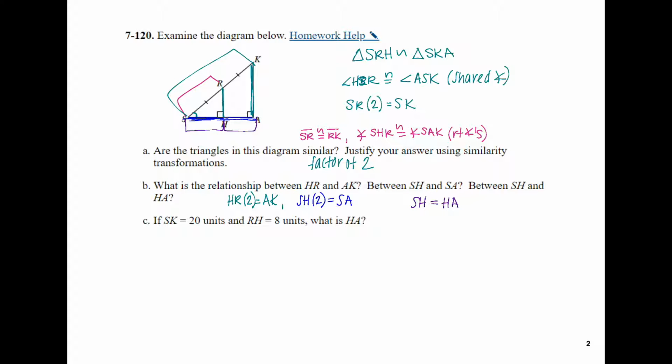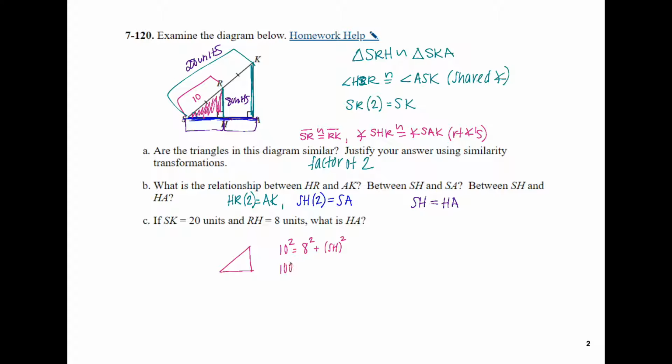If SK equals 20 units, and RH equals 8 units, what is HA? So we can determine that by looking at our smaller triangle, and half of 20 units is 10 units. So when we use the Pythagorean theorem, 10 squared is equal to 8 squared plus SH squared, which is equivalent to HA.